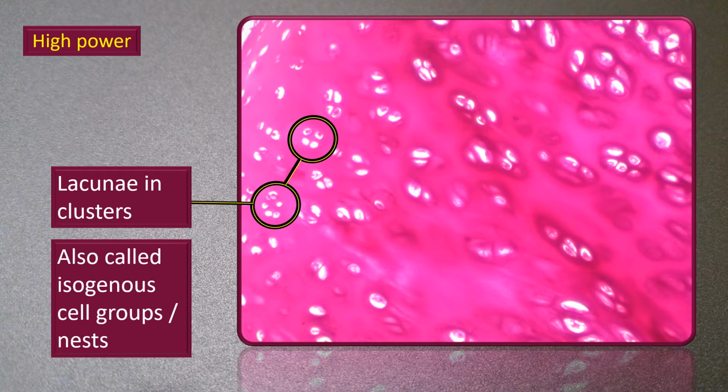Now these gaps are known as lacunae, and because they are all derived from one cell that divides locally, they are cell clusters or cell nests. Very simply, we will call them isogenous cell nests. It's like in the huge ocean of the matrix, you will see reasonably well scattered number of such clusters.